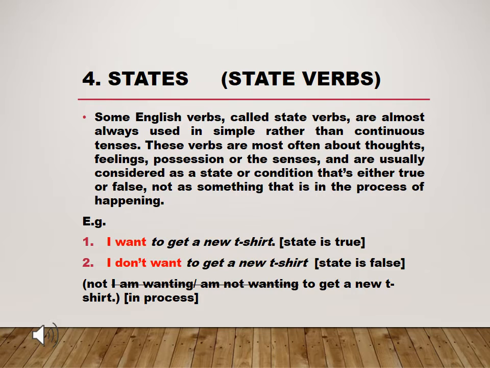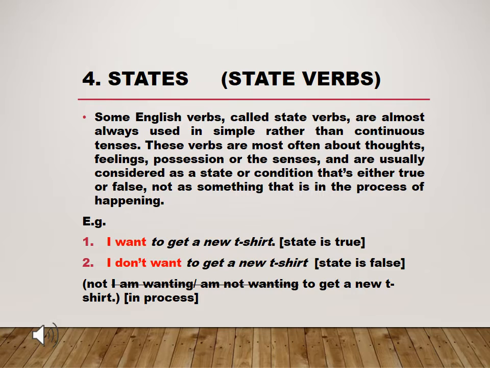These verbs are most often about thoughts, feelings, possessions, or the senses, and are usually considered as a state or condition that's either true or false, not as something that is in the process of happening.